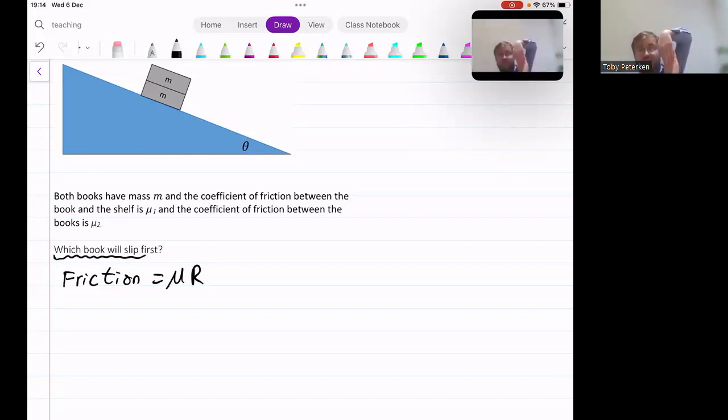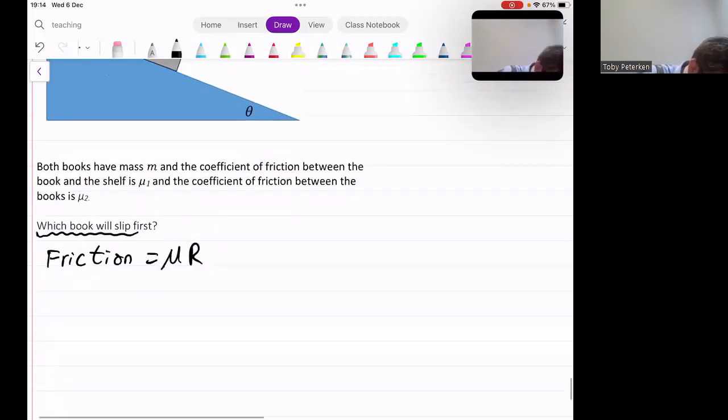If the shelf goes like this, they're both just going to fall off. The way to understand this is as the angle gets steeper and steeper, which book will go first? In other words, which book will slip at the smallest angle?